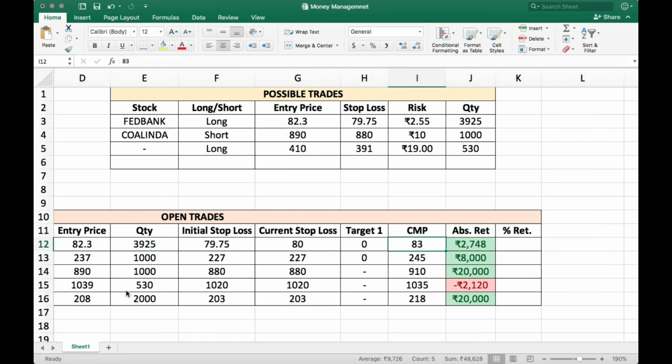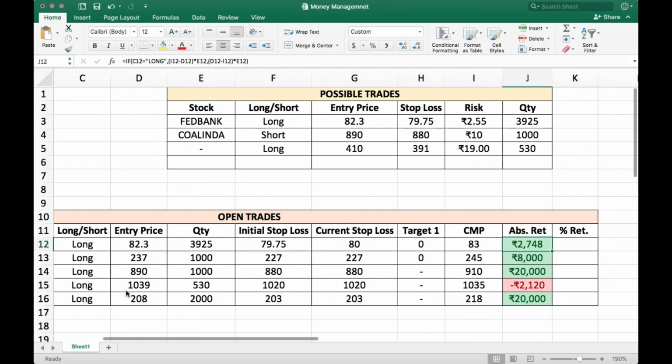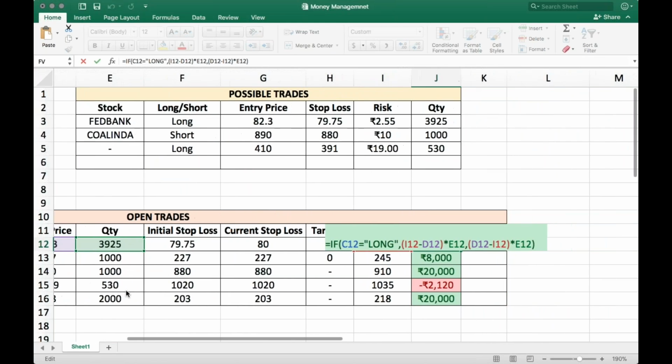That's why whenever you do a new trade, you insert a row and copy paste so that the formula stays. Don't tinker with it. If you're good at Excel, definitely do it. You will understand, this is a very simple if formula. It's like plain vanilla ice cream. But if you find this to be an exotic thing in Excel, then don't tinker with it. Is that clear?